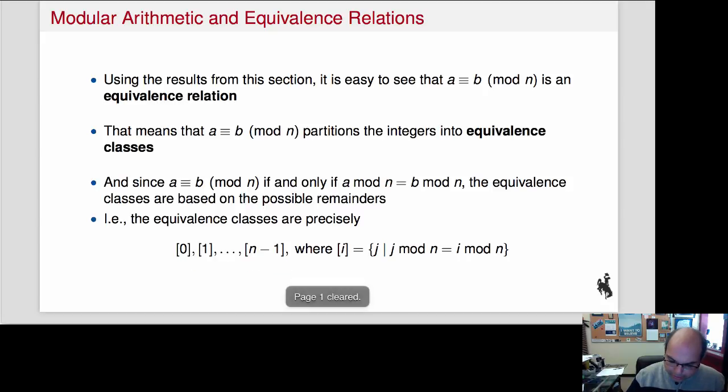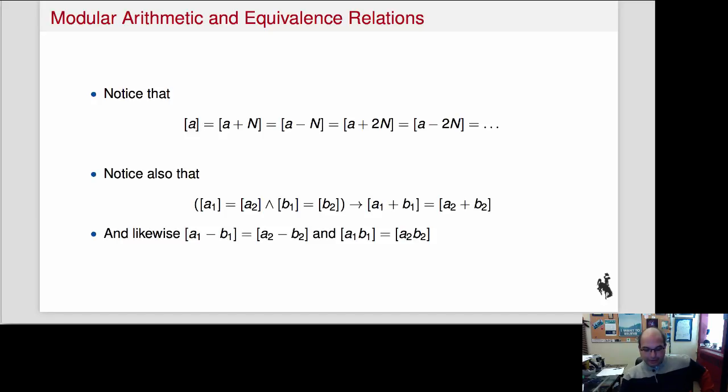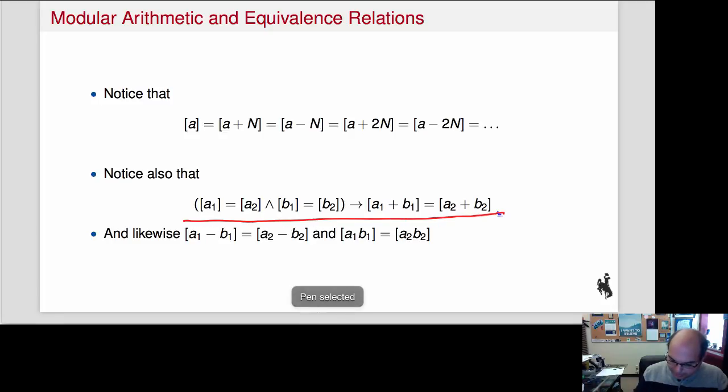Okay, so taking that, the equivalence class of A is the same as the equivalence class of A plus n, A minus n, A plus 2n, right? Any multiple of n, okay? And I also know from what we did in this section that if the equivalence class of A1 is equal to A2, and the equivalence class of B1 is equal to B2, right? Well, that means that the equivalence class of A1 plus B1 must be the same as the equivalence class of A2 plus B2, right?